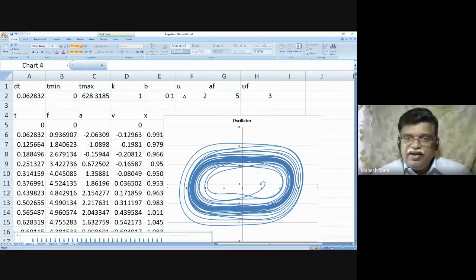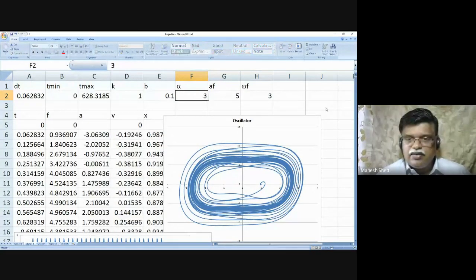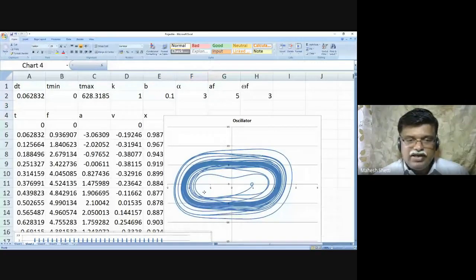Then if I increase this alpha further, this non-linear coefficient I'm increasing, and you observe a similar kind of thing. Ultimately, the oscillator has settled at that point. So you can see the last few oscillations, they are like this.